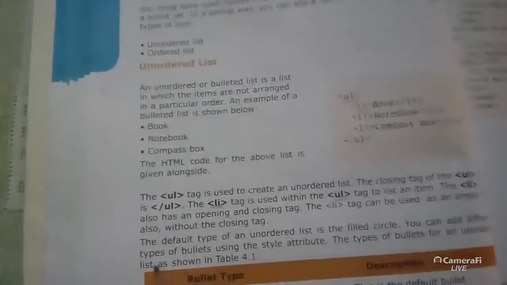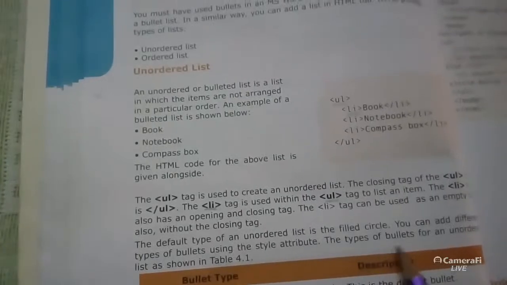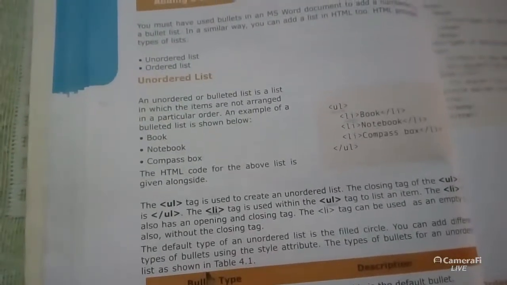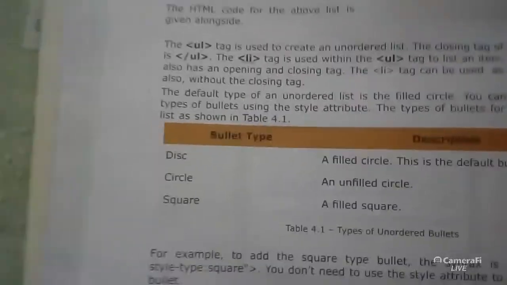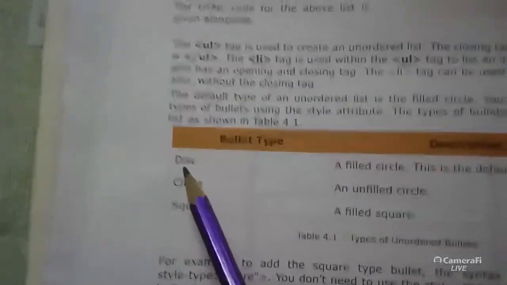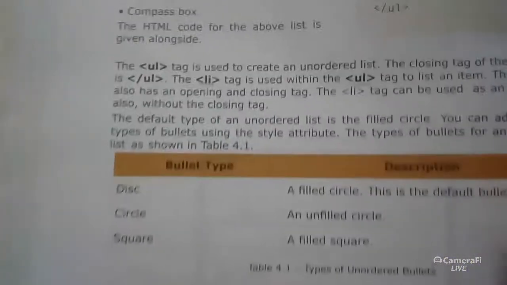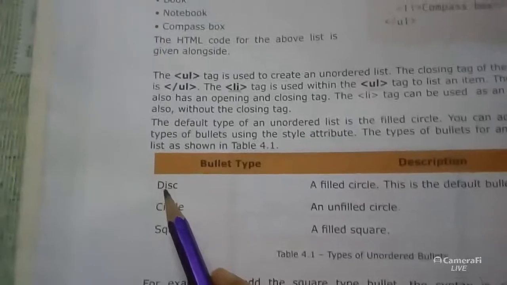You can add different types of bullets using the style attribute. The types of bullets for an unordered list are shown in table 4.1. See here, which type of unordered list we can use: disc or filled circle. This is the default bullet. That means if you don't mention anything, then it will give this.